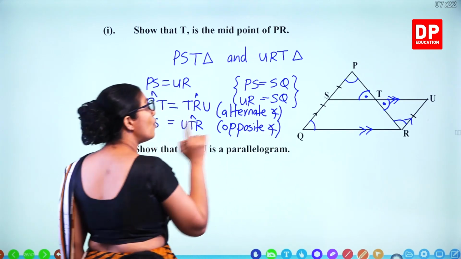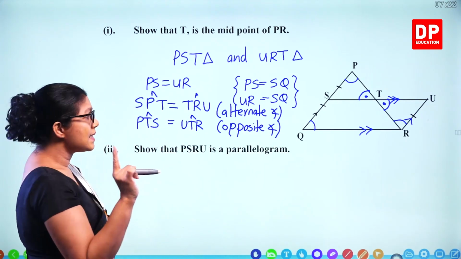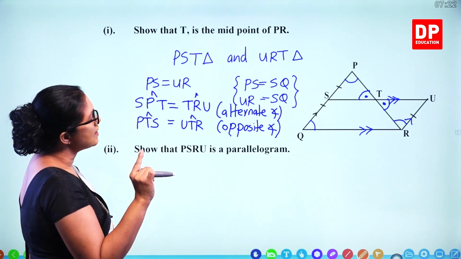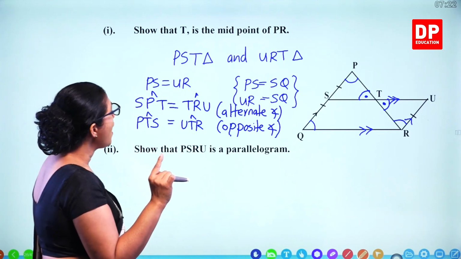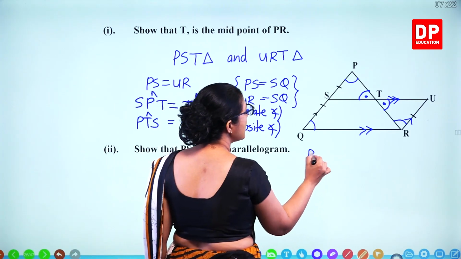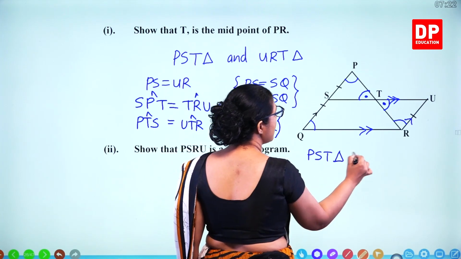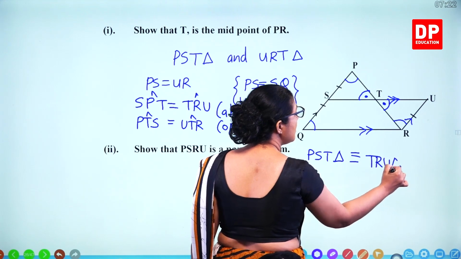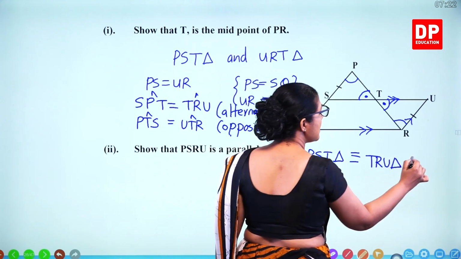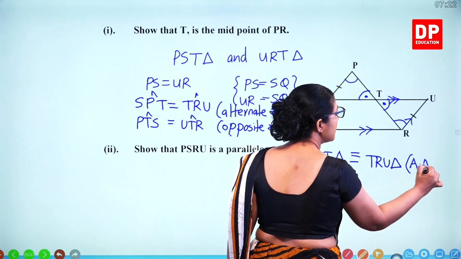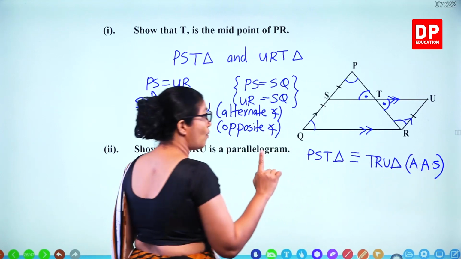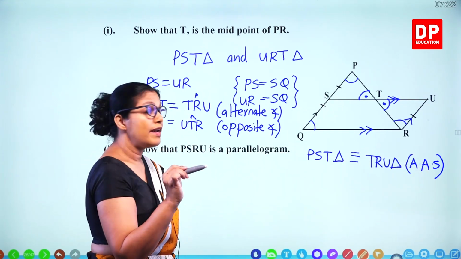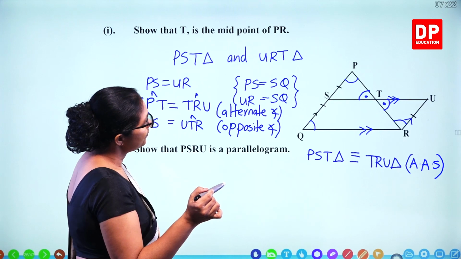So now we have two angles and one side, that means the two triangles are congruent. Triangle PST is congruent to triangle TRU. What's the case? Angle, angle, side. Now we can say corresponding elements are equal.